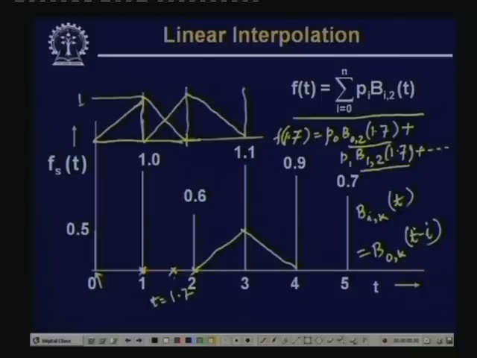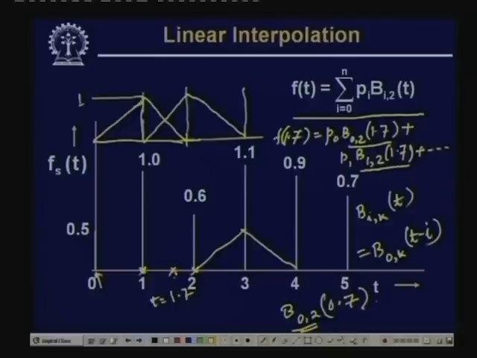So, when I do this, you find that this b 1 to 1.7 is nothing but b 0 2, because this is t minus I and value of I is equal to 1. So, this will be b 0 to 0.7. So, if I simply calculate the value of b 0 2 for different values of t, I can estimate what will be b 0 to 1.7.